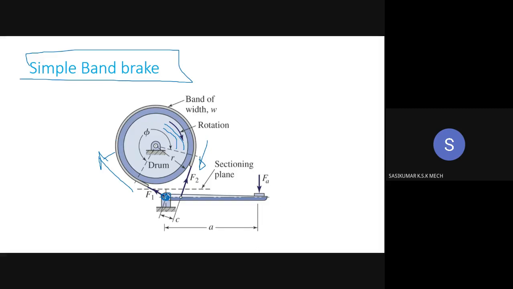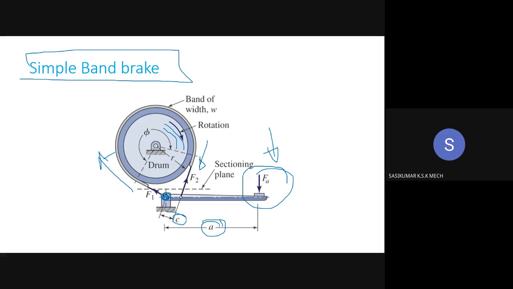In order to engage this band and drum, you have to apply a force. The application of force mainly depends upon certain distances, like a and c. These two distances decide the amount of effort applied. When you increase this distance, it is enough to have a minimum force applied. So this is a simple band brake.